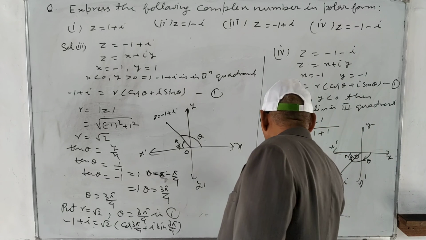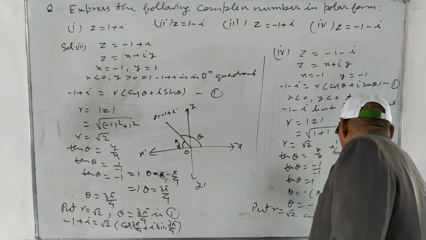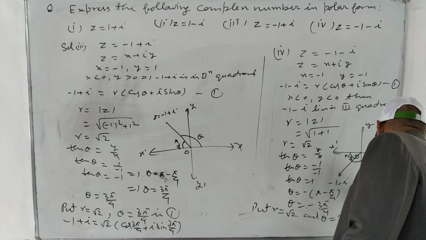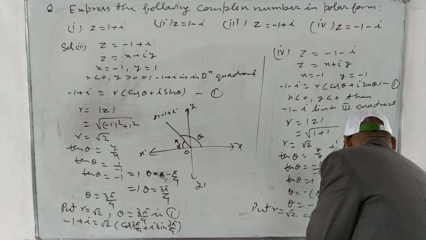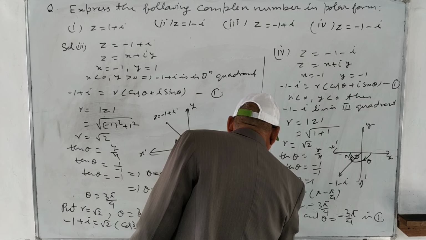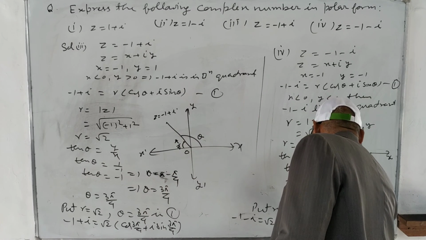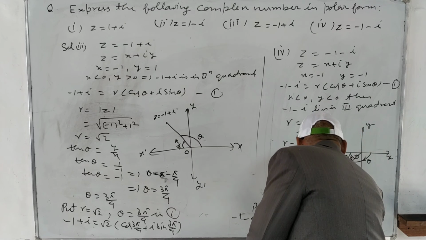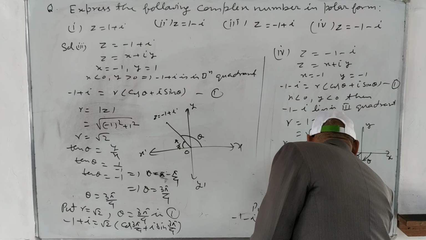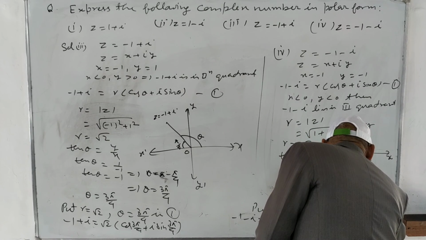So now put r equal to root 2 and theta equal to minus 3 pi by 4 in 1. You get the polar form: minus 1 minus i equal to root 2 in the bracket, cos of minus 3 pi by 4 plus i sin minus 3 pi by 4.